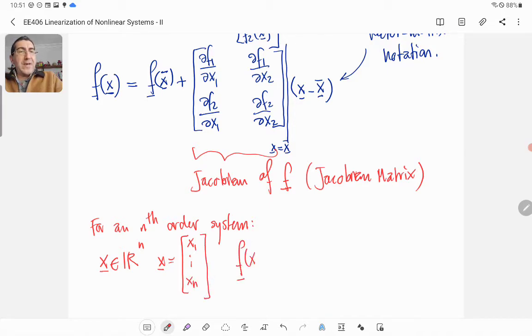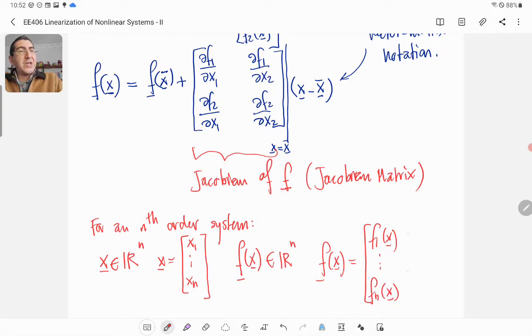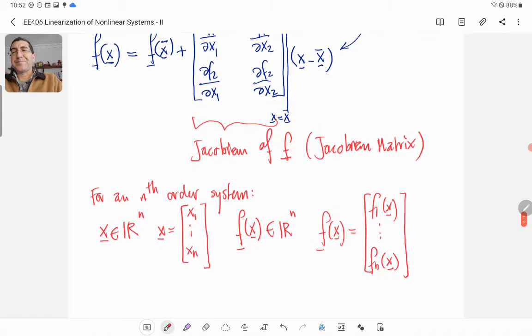F of x is also an element of Rn, because for an nth order system you have n state variables, therefore you need to take n different functions to n different independent variable derivatives. So we have f of x being simply a set of functions f1 of x up to fn of x, where each x again is a vector.